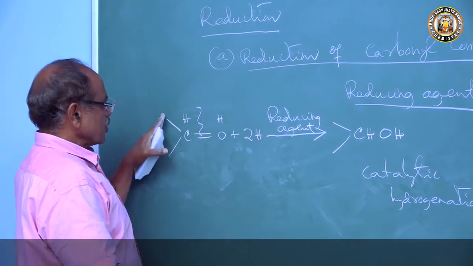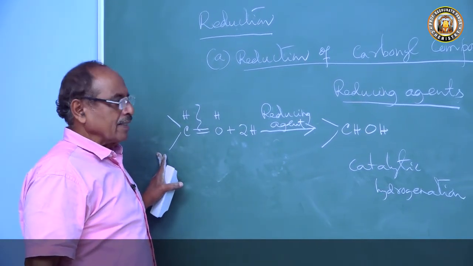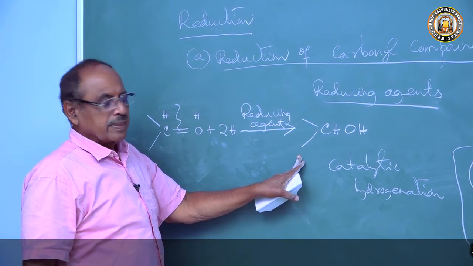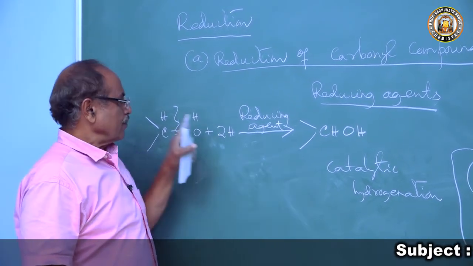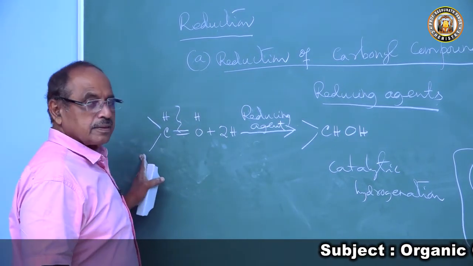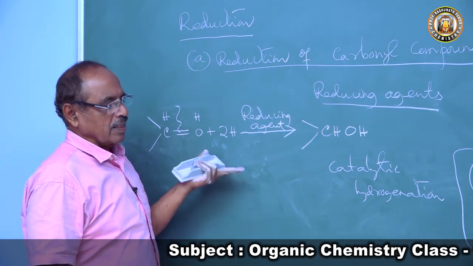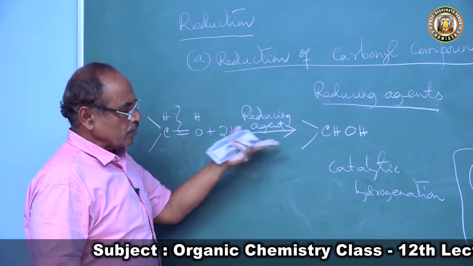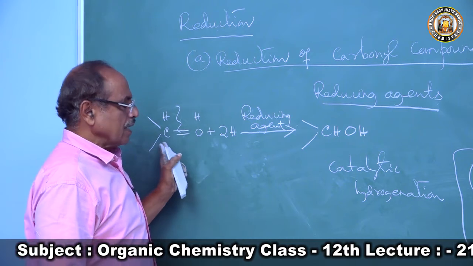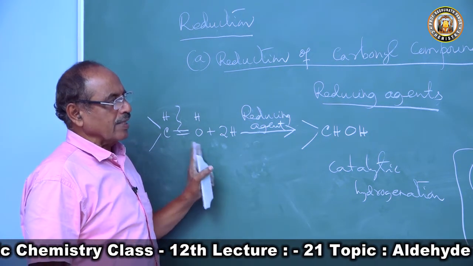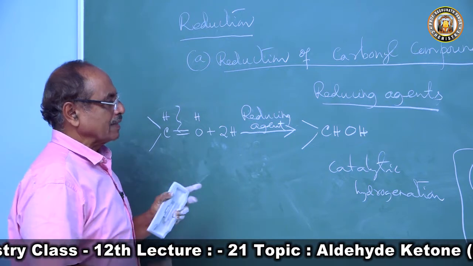Formaldehyde gives a primary alcohol. Formaldehyde will produce methyl alcohol, acetaldehyde will produce ethyl alcohol, and acetone will produce isopropyl alcohol by this reaction.